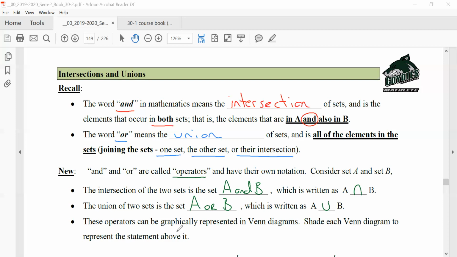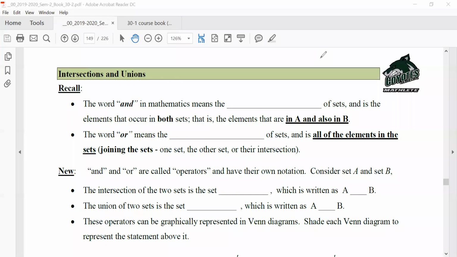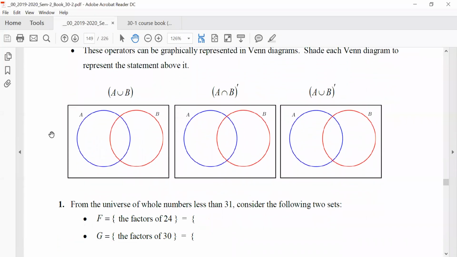And these operators can be graphed algebraically using a Venn diagram. So that's what we were working on a little bit in the last lesson. Again, I would always draw a Venn diagram, even if the question doesn't ask me to. It's a helpful thing to have.